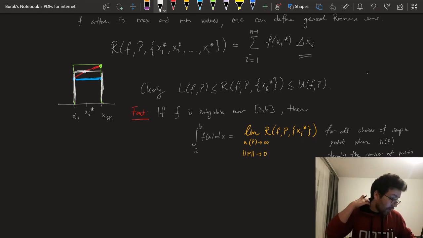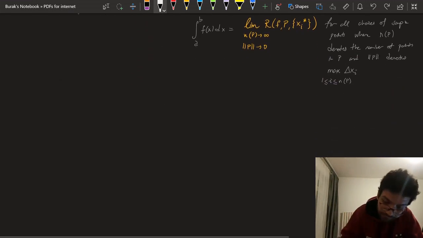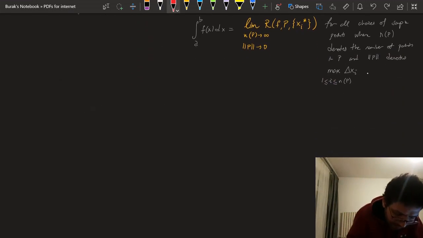Now let me solve 2 questions. Let's actually compute an integral.